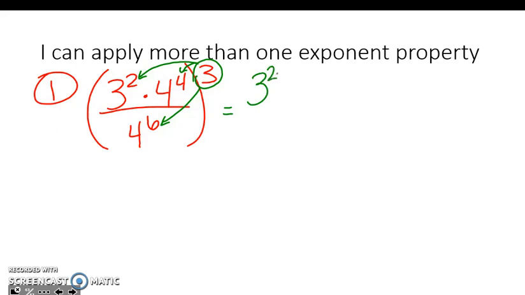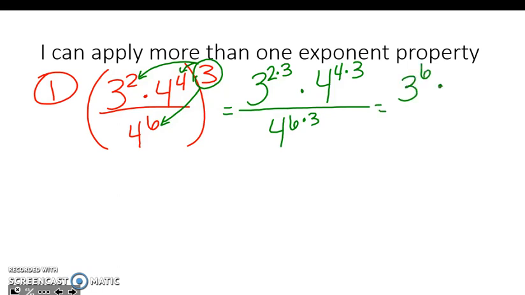So I'm going to take 3 to the second times 3, 4 to the 4th times 3, and 4 to the 6th times 3. So I get 3 to the 6th times 4 to the 12th over 4 to the 18th. So the parentheses are gone.